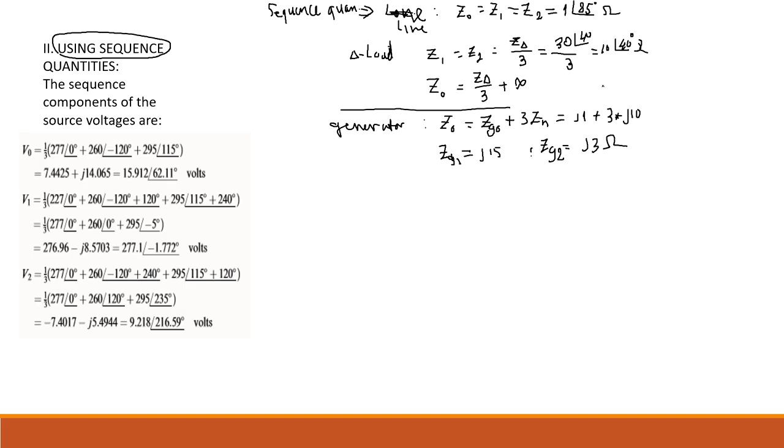Since we obtained the sequence quantities of the load, the line and the generator, now we need the sequence quantities of the source voltages.